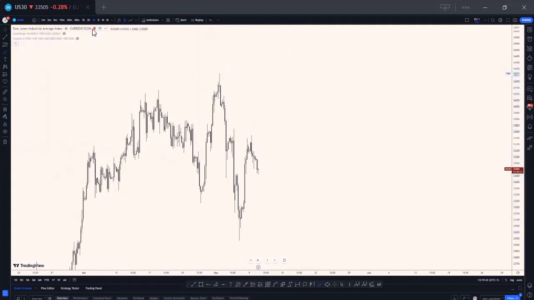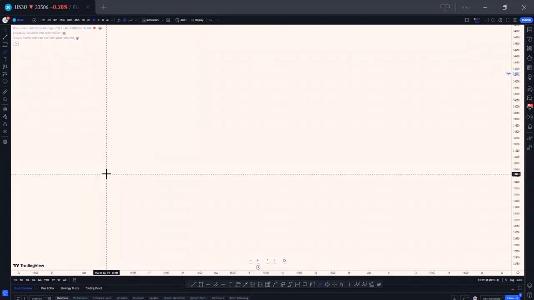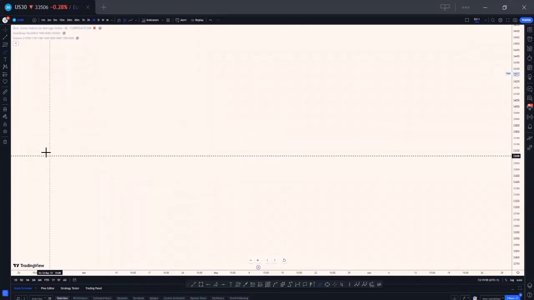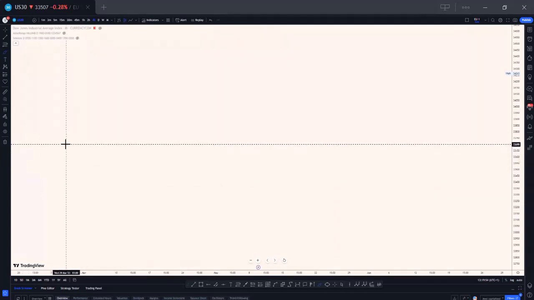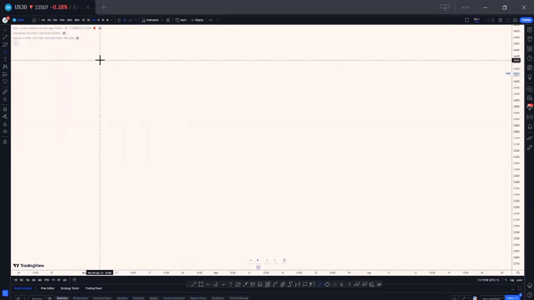Now, second on the list, we have support and resistance liquidity.